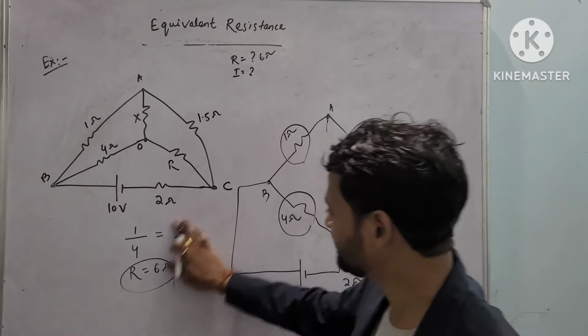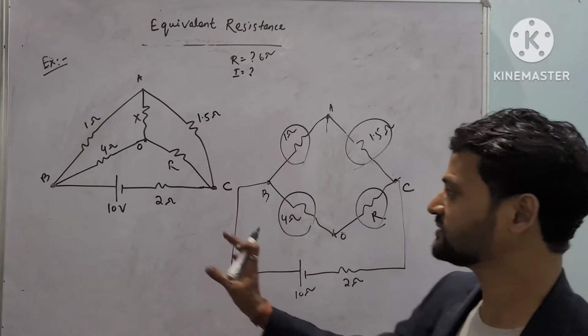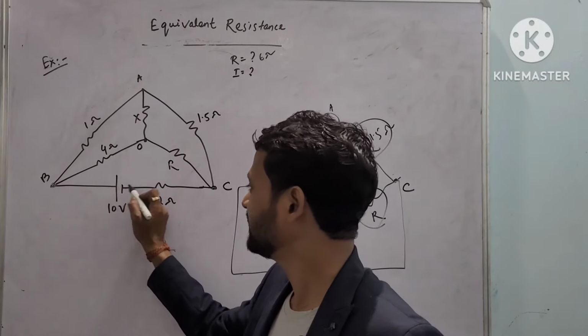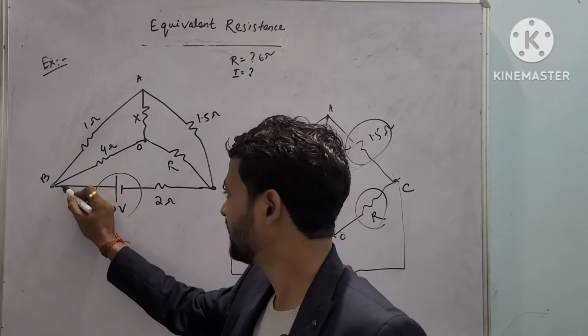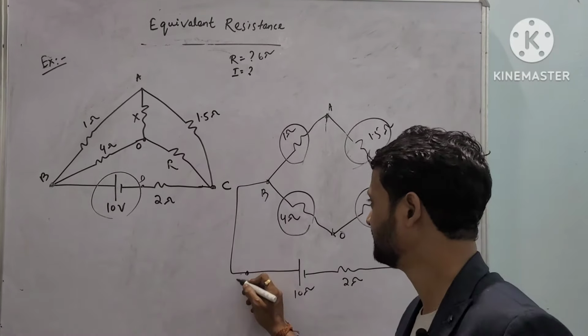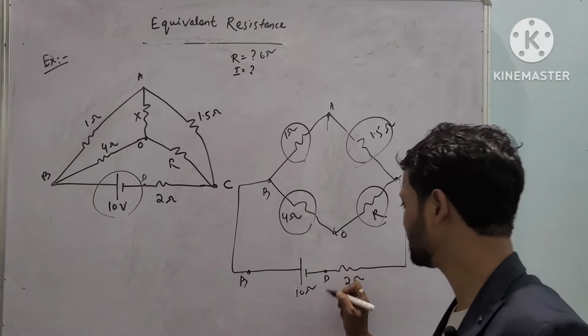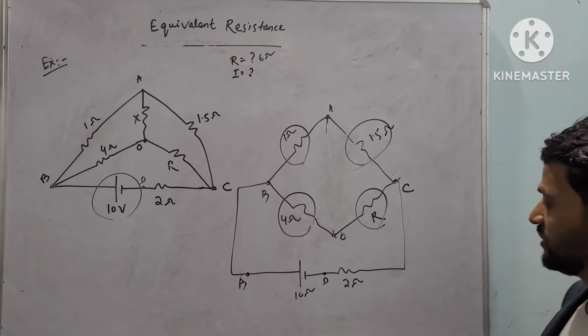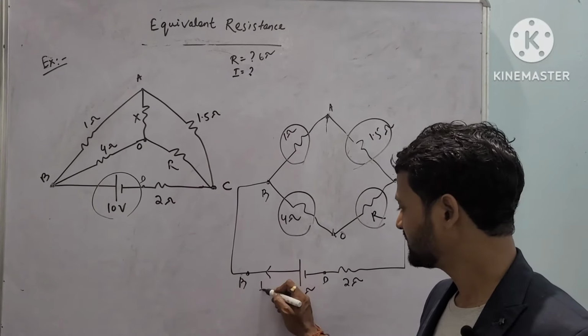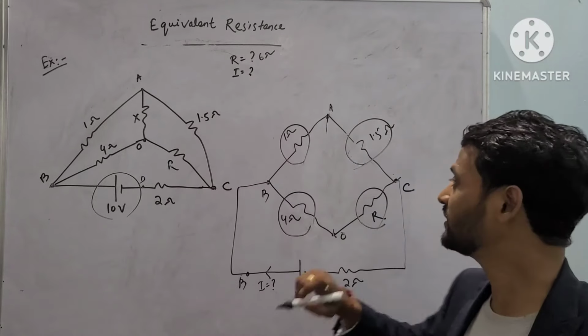Now we'll find the total equivalent resistance across these 2 points. Let one point be B and this point be D. So across B and D we will find the equivalent resistance, so that we can easily find the current, because the question asks for the current.